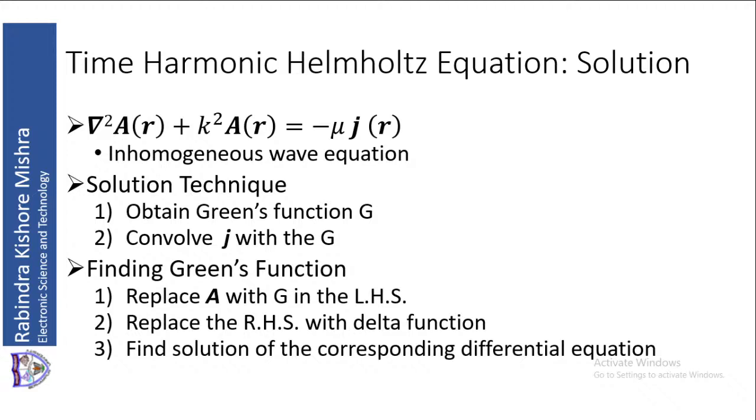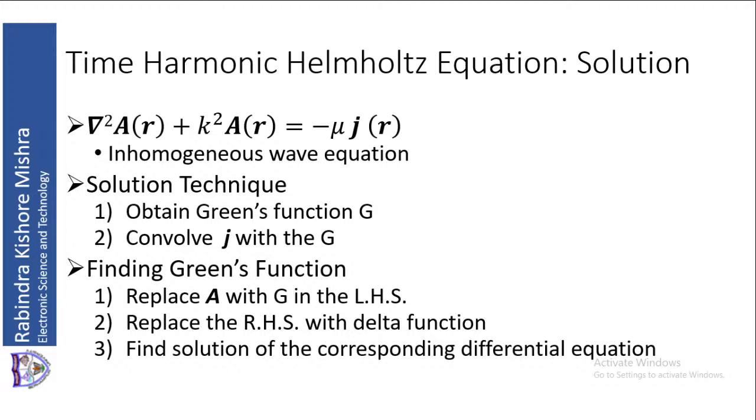Now this is a second order differential equation, and this is an inhomogeneous equation. It is known as the wave equation, which represents the wave propagation. Why is it called an inhomogeneous equation? Because the right hand side is not equal to 0.